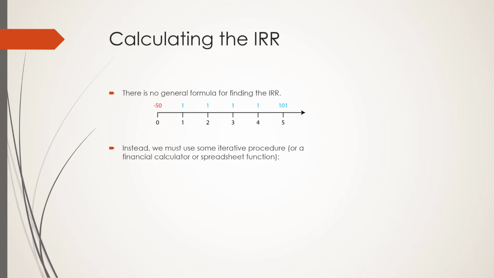But the reinvestment rate is the same as the IRR. And so we have two unknowns, but only one equation. And we can't solve that. So we have to use a trial and error process, or we call it an iterative process. And your financial calculator or spreadsheet function will do this process for you.